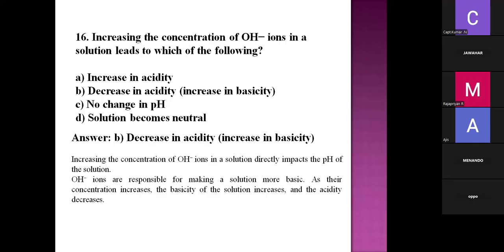Increase in basicity also. Increasing the concentration of OH minus ions in a solution directly impacts the pH of the solution. OH minus ions are responsible for making a solution more basic as the concentration increases. The basicity of the solution increases and the acidity decreases.